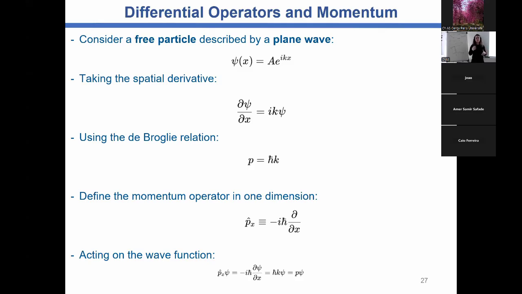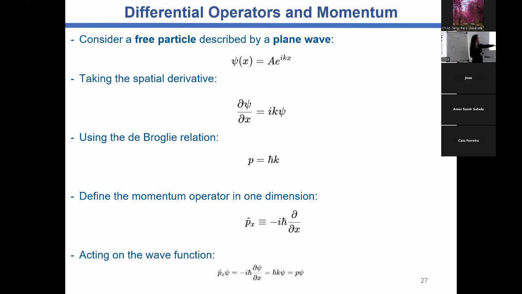For example, you want to observe the position or the momentum, you use the momentum operator, and this will give how the values are expected in the wave function, and it can be described using these operators.